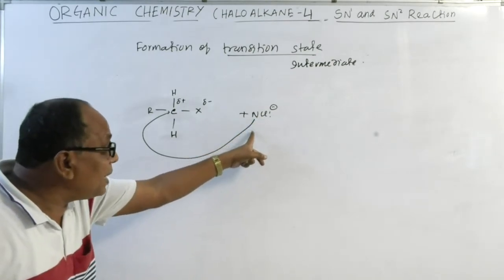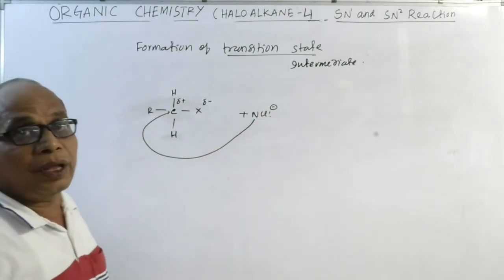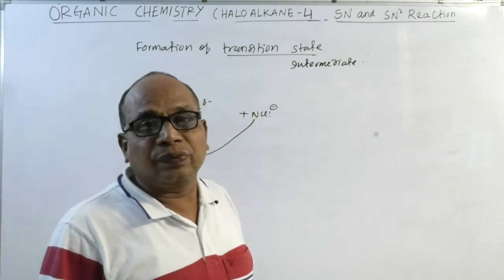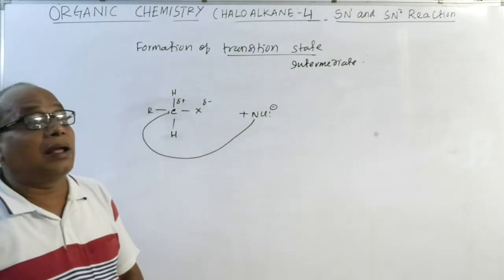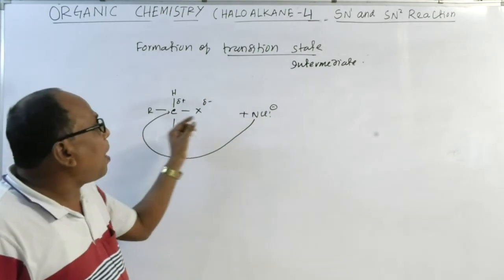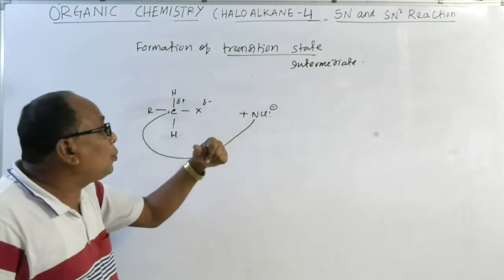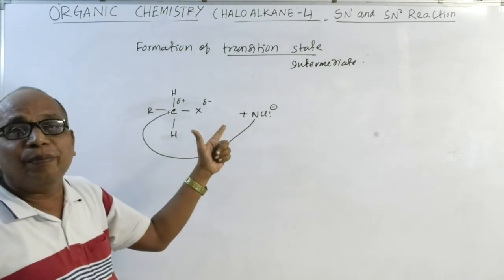When it attacks, the nucleophile is partly bonded with carbon, and the outgoing halogen atom is also partly bonded.